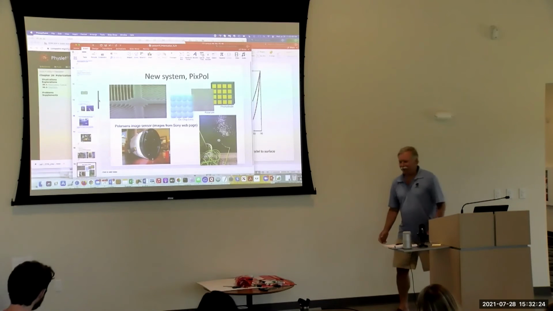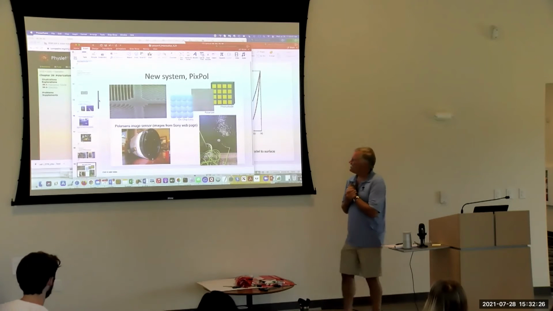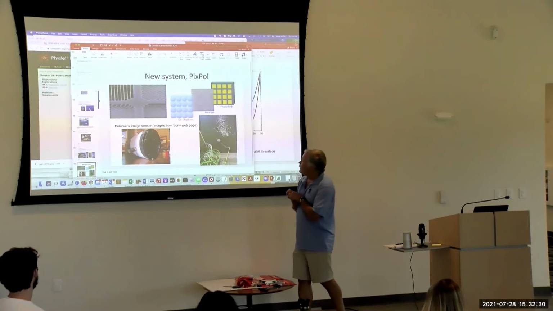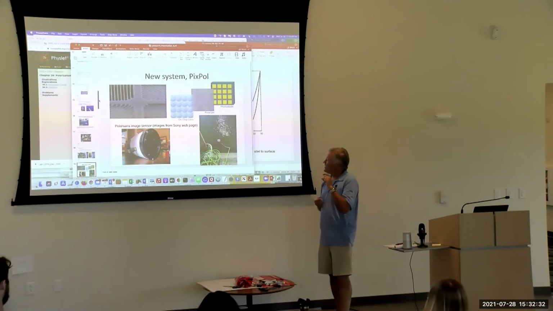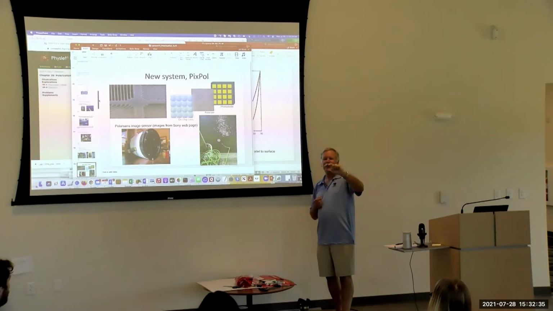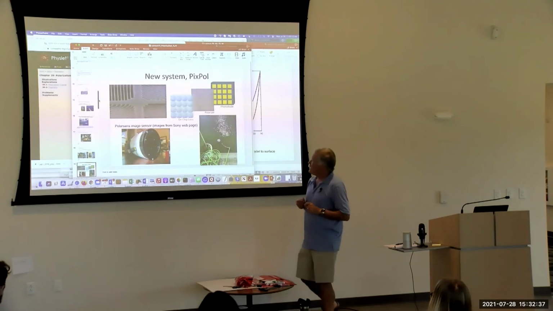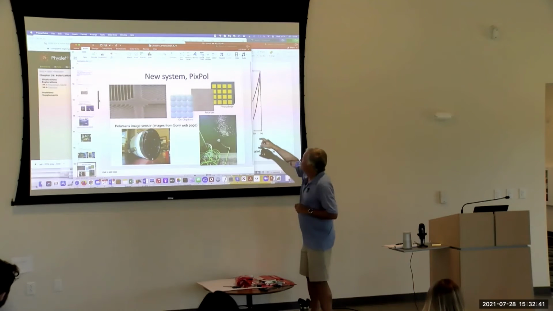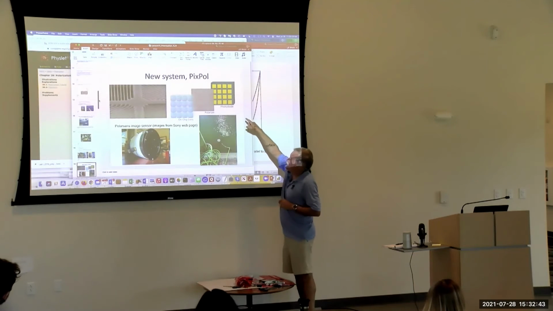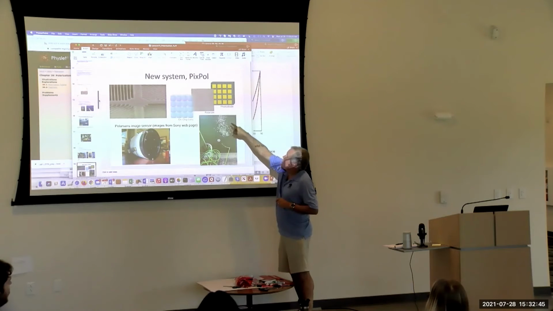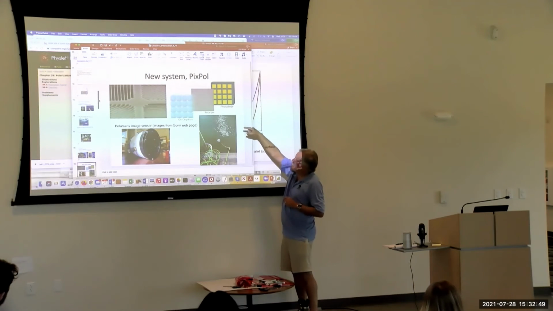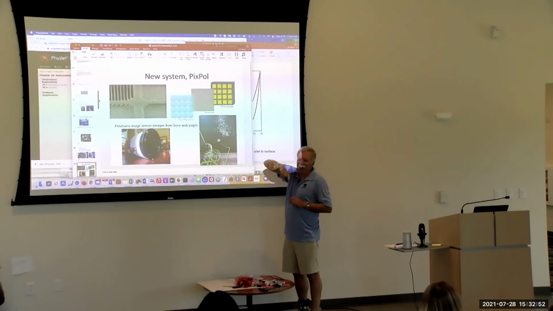There's a brand new system that a student that was here last time was working on with me. There's this really cool camera that Sony makes now. It's about so big. And on each pixel, so here's the photodiode array, basically the camera array, and there's a polarizer laid on top of here that each pixel has a different polarizer angle on it.